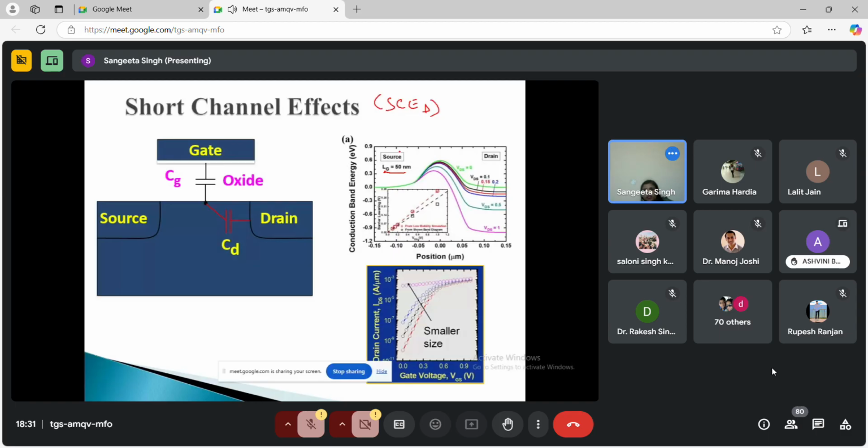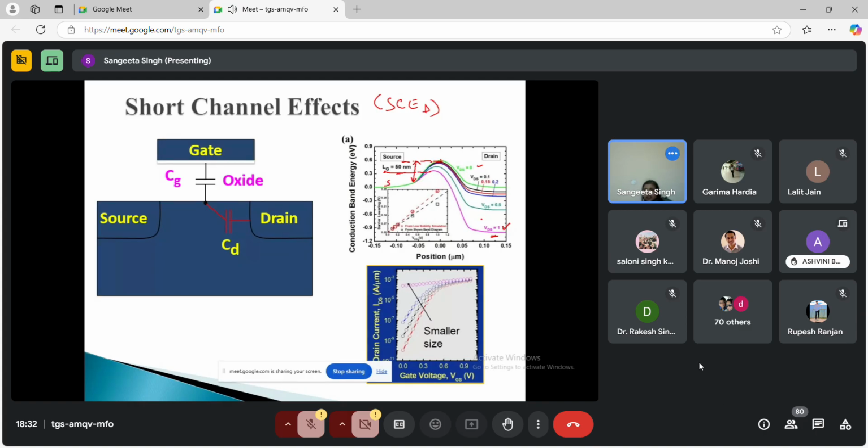Now, for the green case, the applied VDS is 0. If the applied VDS is 0, this is the potential barrier between the source and the channel. Now take the second extreme. If the applied VDS is 1 volt, the purple one, although you are applying VDS at the drain side, it is also lowering the barrier at the source side.